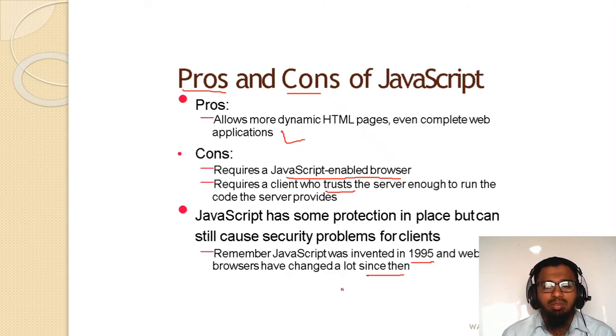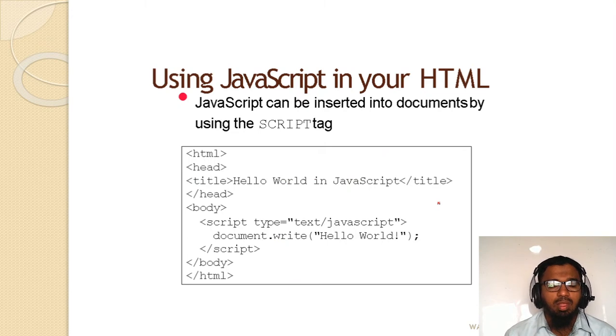There are so many browsers: Chrome, Firefox, Safari, UC Browser, Mi Browser, Cloud Browser, etc. So based on the browser, JavaScript should be enabled. So this is the advantage and disadvantage of JavaScript.